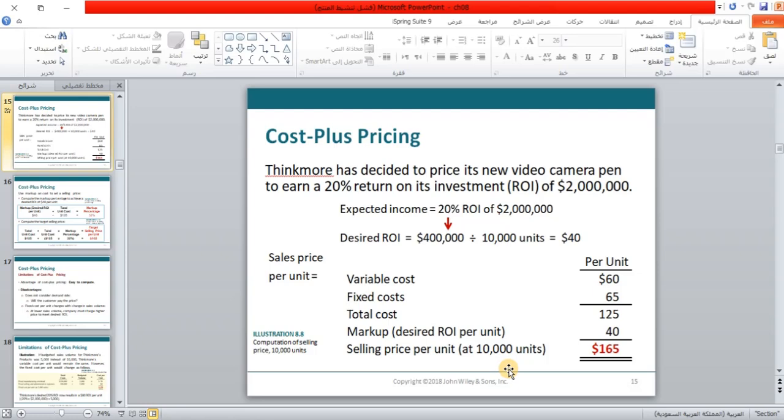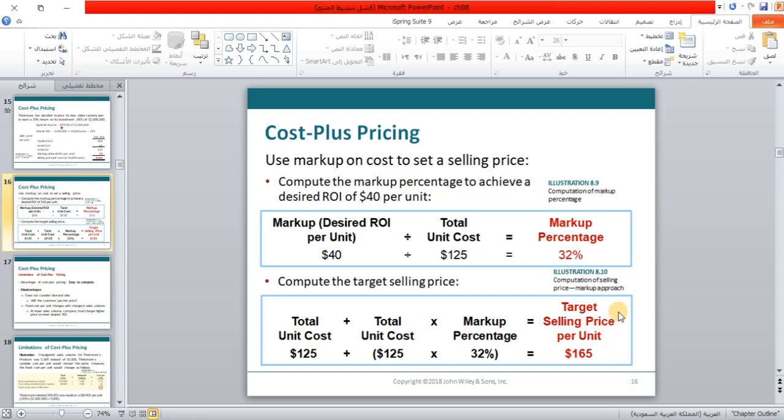Again, with cost plus pricing, we need to invest $2 million to earn a 20% return on investments. If the level of sales or production is 10,000 units, the selling price is $165. We mark up per unit only $40, a percentage of 32% of total cost.